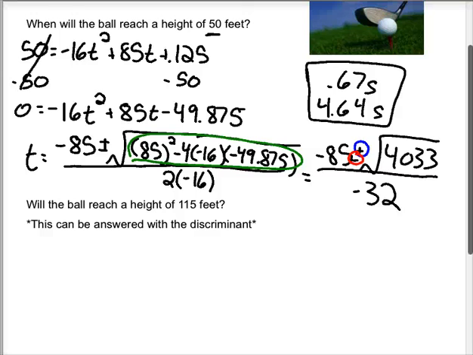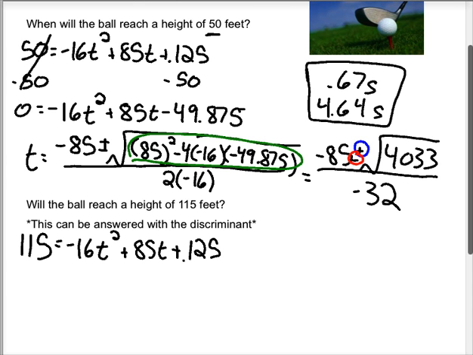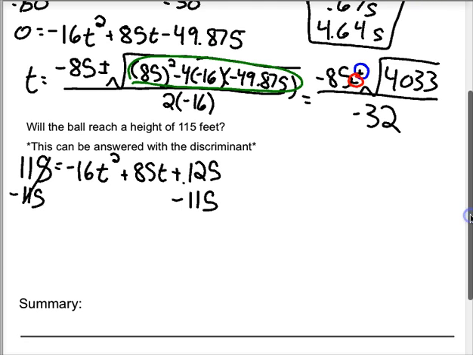So we can just plug in the 115 for the height, negative 16t squared plus 85t plus 0.125. Subtract the 115 from both sides. So this time we get 0 equals negative 16t squared plus 85t.